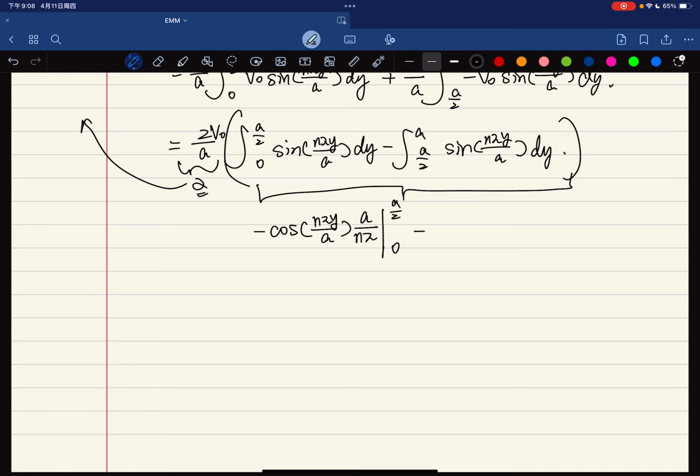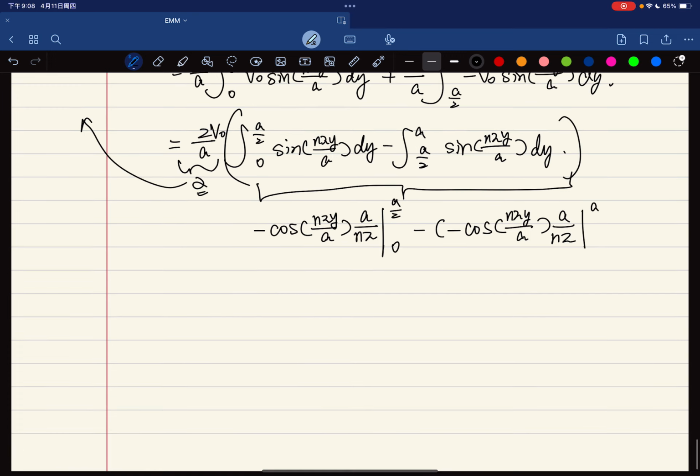And we have the negative sign here. And we again have cosine, but we have negative cosine. That's the same and the same. Okay, the same constant. And this one. Okay, and these two cancel.